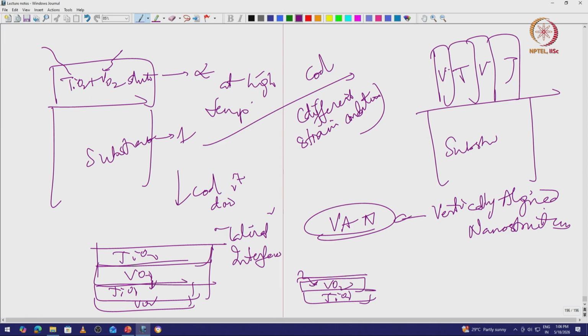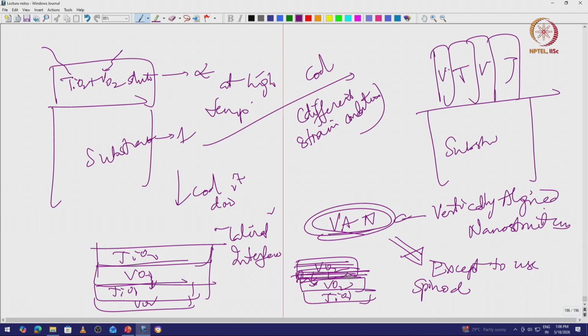So, first layers of titanium oxide, then layers of vanadium oxide. So, I can create a heterostructure just by growth. I do not need to use spinodal decomposition. But to create these vertically aligned nanostructures, there is no other way except to use spinodal decomposition.